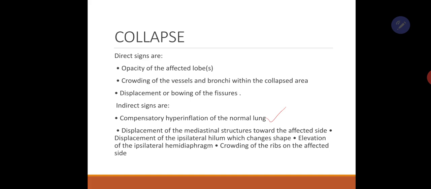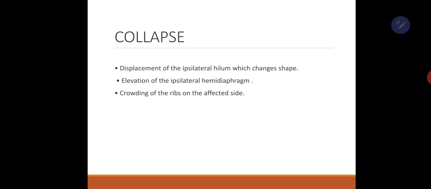Just go with the basic concept that a loss of lung volume will pull structures towards itself: the mediastinum, the trachea, and the ipsilateral diaphragm are pulled to that side, and crowding of the ribs on the affected side is seen. These are the indirect signs.